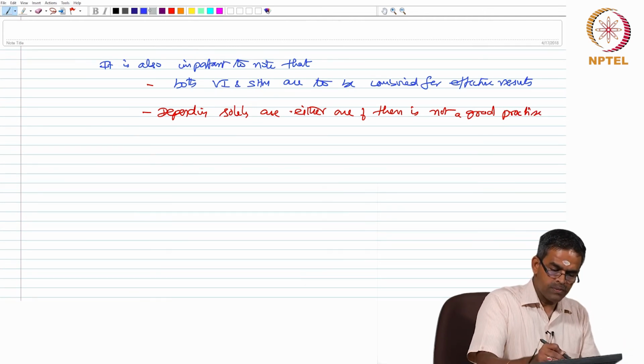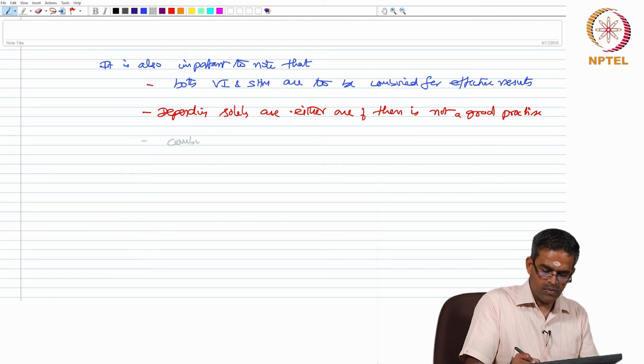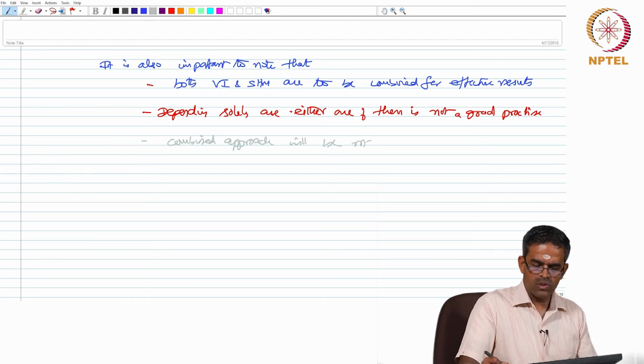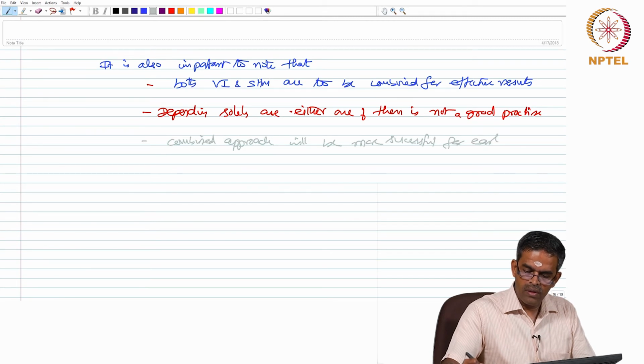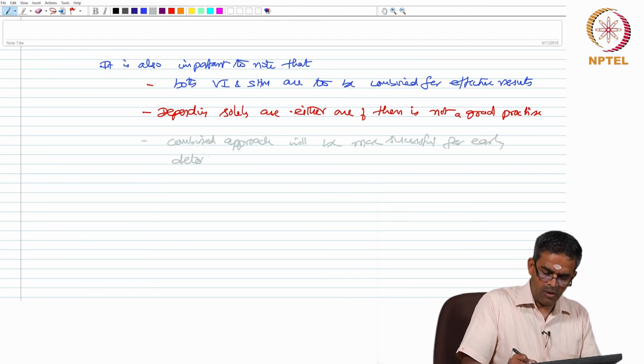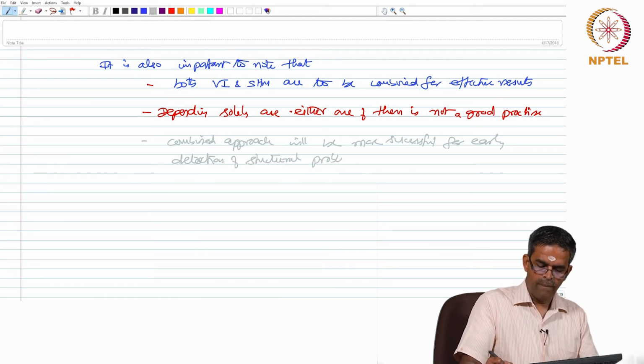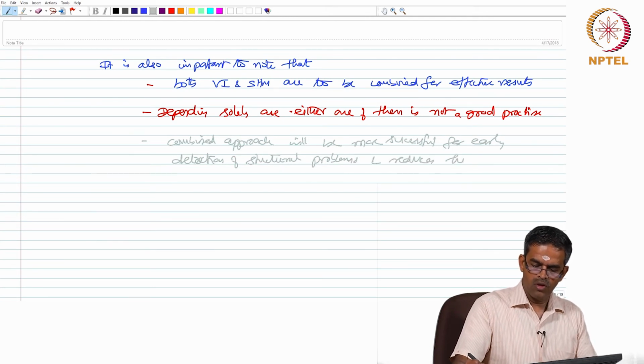A combined approach will be more successful for early detection of structural problems and reduces human error.